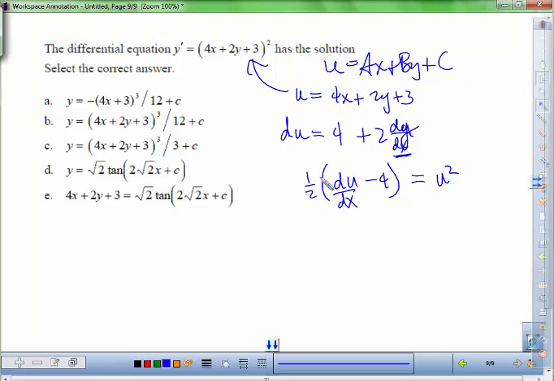So let's see. I think we can multiply both sides by 2. So this is u prime minus 4 is equal to 2u squared, and u prime is equal to 2u squared plus 4, and you can finish this, right?